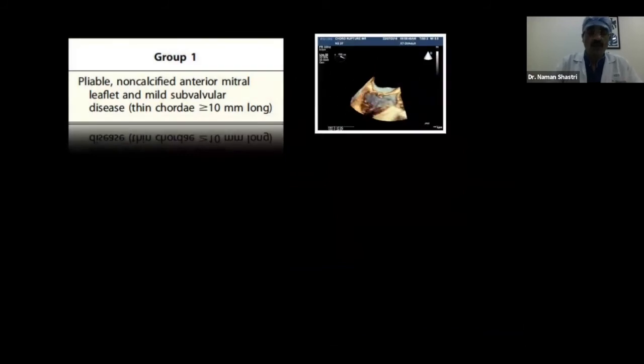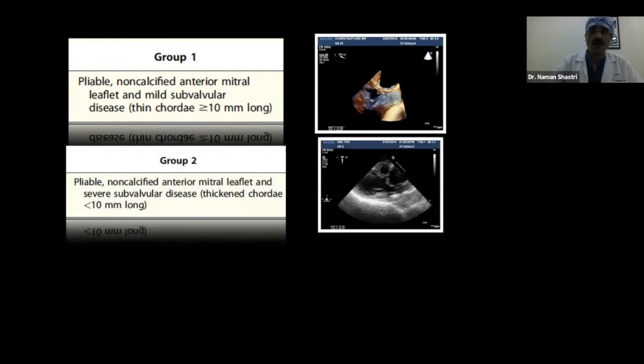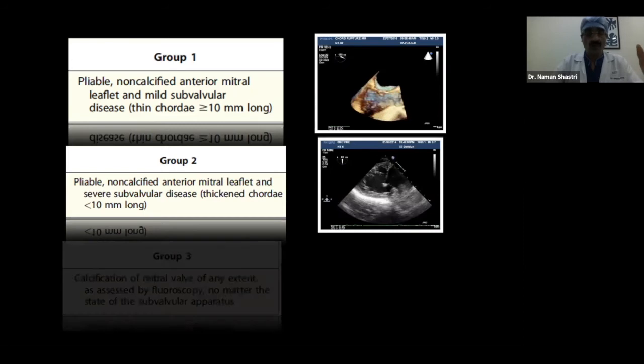Even the anteromitral leaflet can nicely be seen on the structural analysis of the mitral valve. If it is a pliable non-calcific anteromitral leaflet with mild subvalvular disease and thin chorda, if the chorda lines from the tip of the papillary muscles to the coaptation area are more than 10 millimeter long, then this is a good valve.